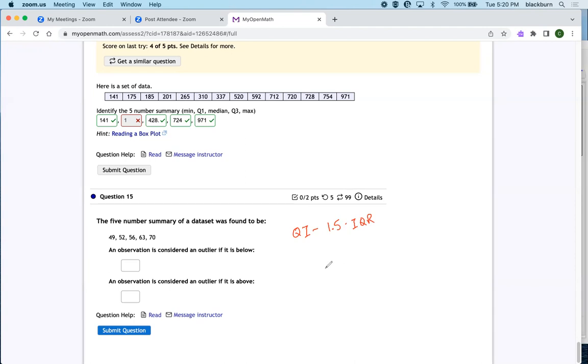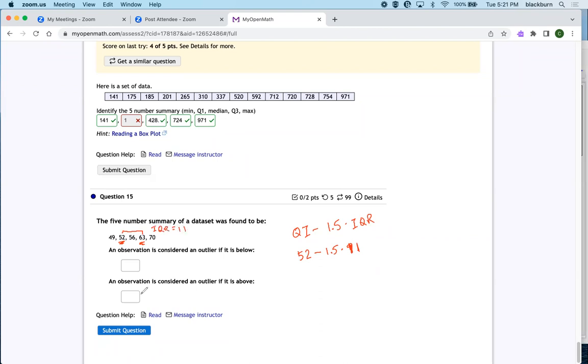All right, so Q1 in this case is 52, right? 5-number summary, that's Q1, and 63 is Q3. So if I do 52 minus 1.5 times 9, interquartile range, oh, it's 11. Interquartile range is 11 here, right? IQR equals 11.